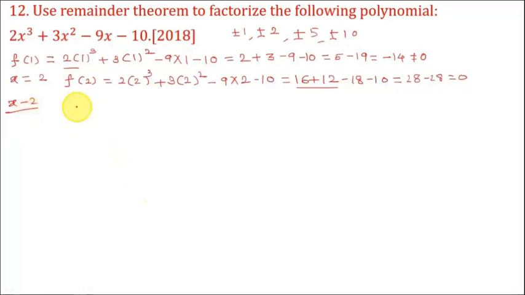Now we will find the second factor by using synthetic division. Here again the polynomial is in decreasing order: 2, 3, minus 9, minus 10. And here 2 is the divisor. 2 plus 0 is 2. 2 into 2 is 4. 3 plus 4 is 7. 7 into 2 is 14.